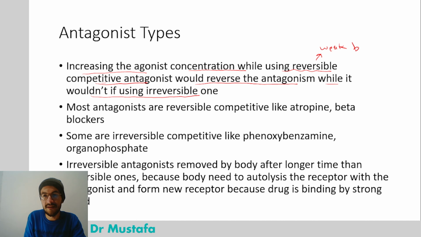So when we increase the agonist concentration, the reversible competitive antagonist would unbind from the receptor and would let the agonist bind to the receptor. So we're reversing the antagonism here.